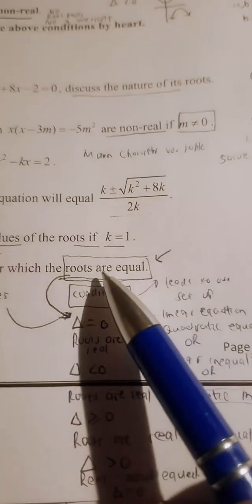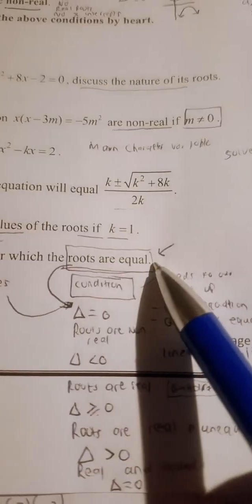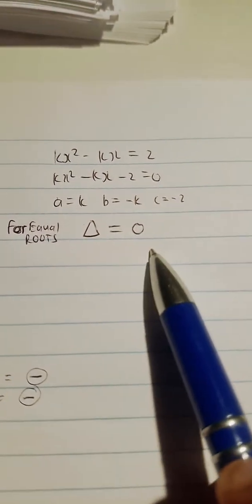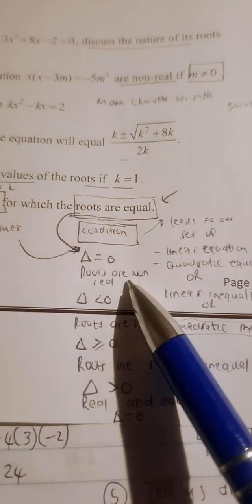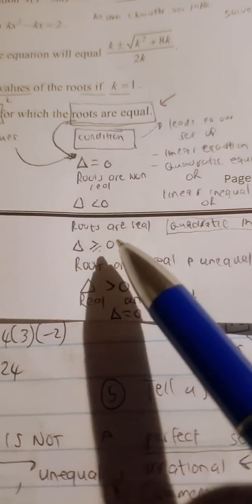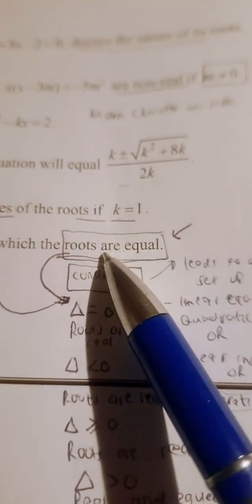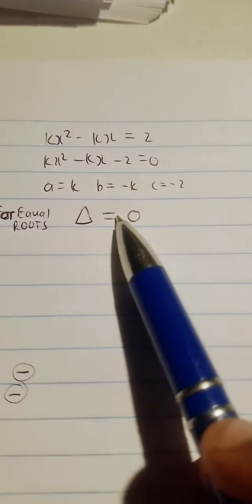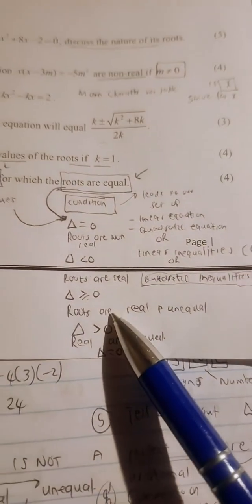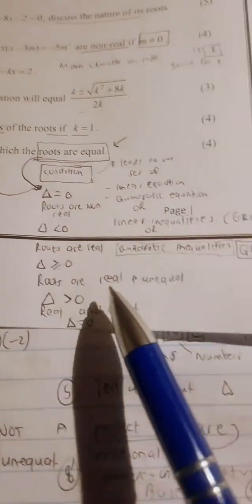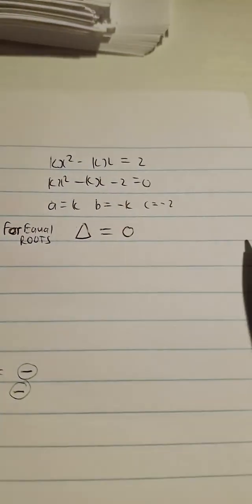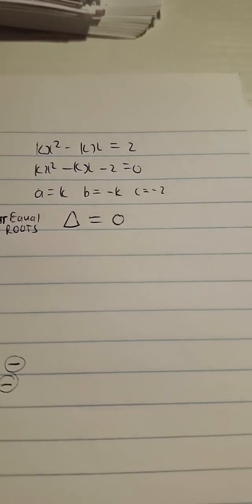Had they said the roots are non-real, you would have said for non-real roots, delta is less than 0. Had they indicated roots are real, then you would have said for real roots, delta is greater than or equal to 0. Had they said roots are real and unequal, then you would have said for real and unequal roots, delta is. You see what I mean, guys?